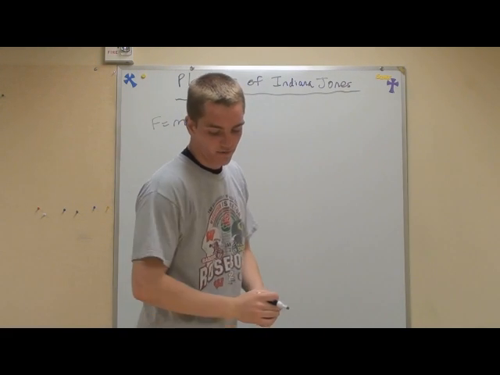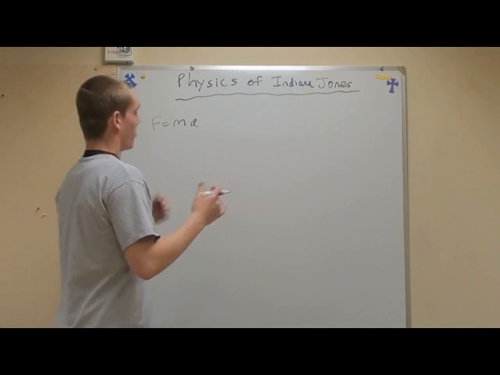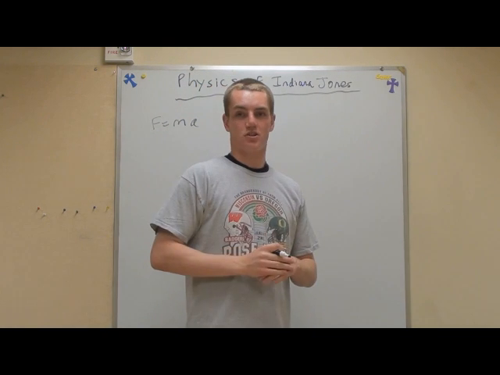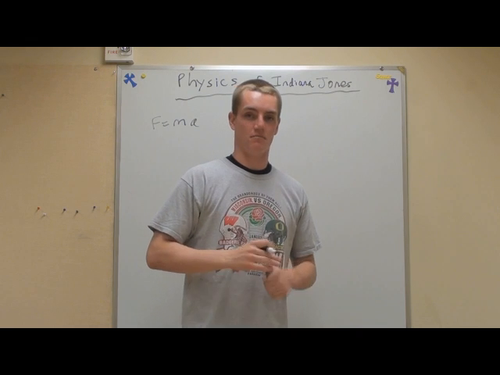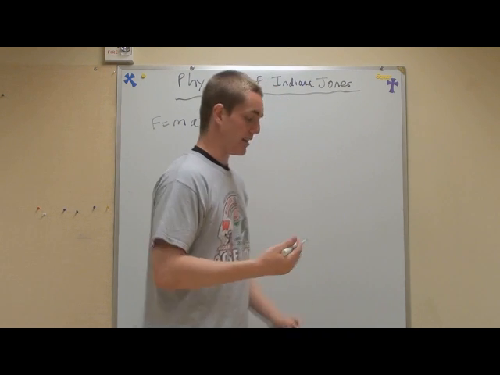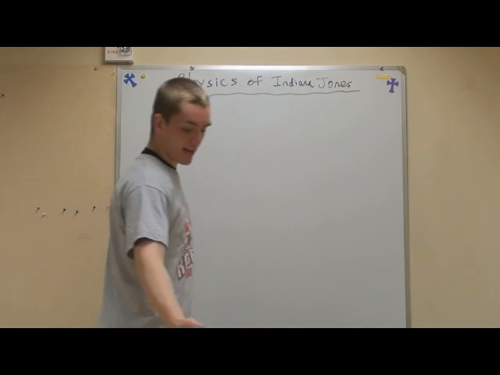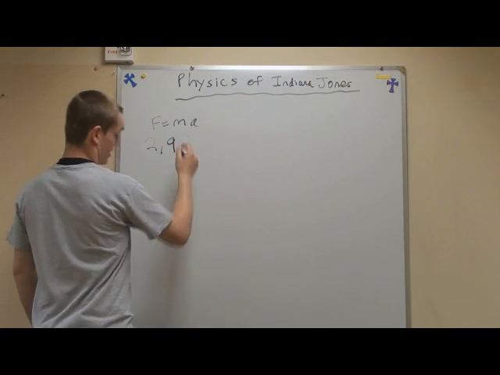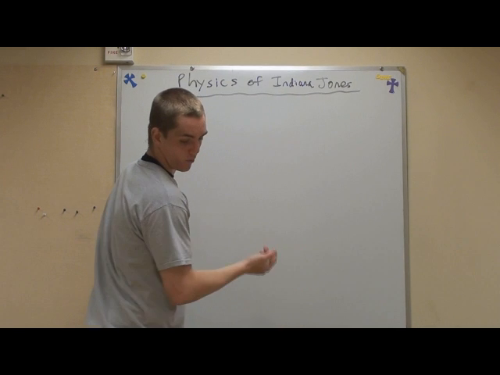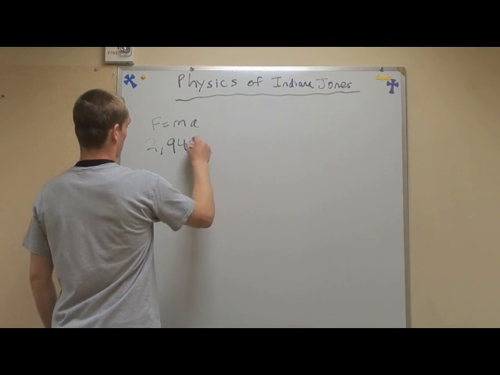So to start this off, we used a 200 megaton nuclear explosion. That's my assumption of what we used for that bomb that went off in Indiana Jones. Looking that up, we found that the force is 2,940,000,000 newtons.